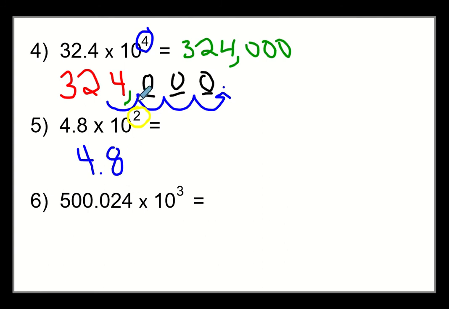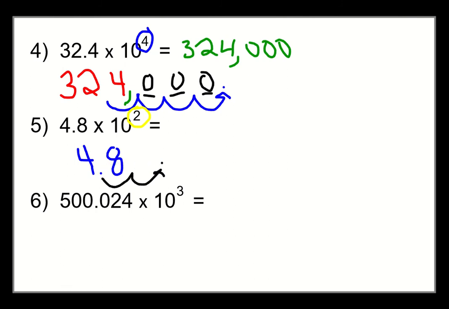But if I am comfortable and familiar with my patterns as it relates to how many times we should move that decimal is determined by the exponent that is found within the power of 10. We don't have to write that out in long form. So we can just simply move that decimal 2 places to the right. 1, 2. I can drop it off.